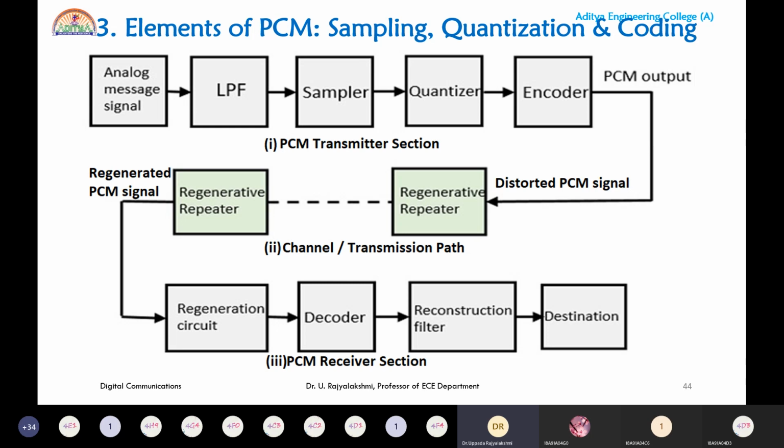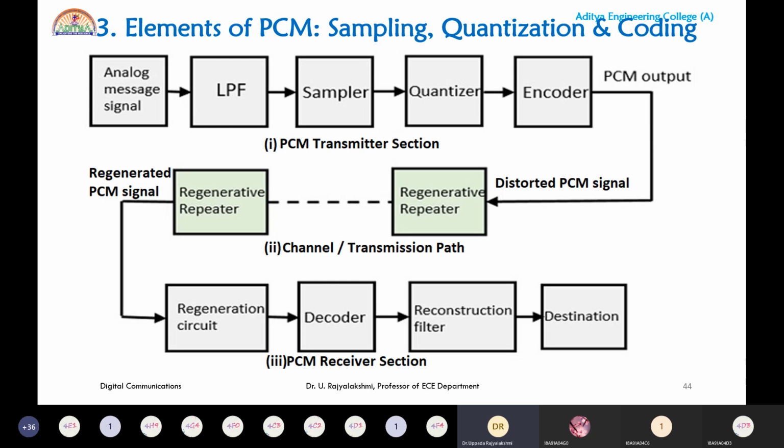So what is the importance of PCM transmitter section? It converts the analog signal into pulse code modulated form, that is nothing but a binary sequence. The analog signal is converted into digital sequence using 4 steps. Okay, simply to say 3 steps only.